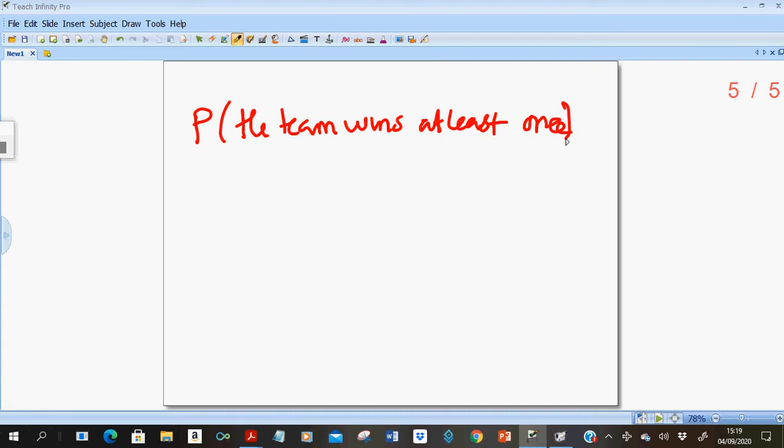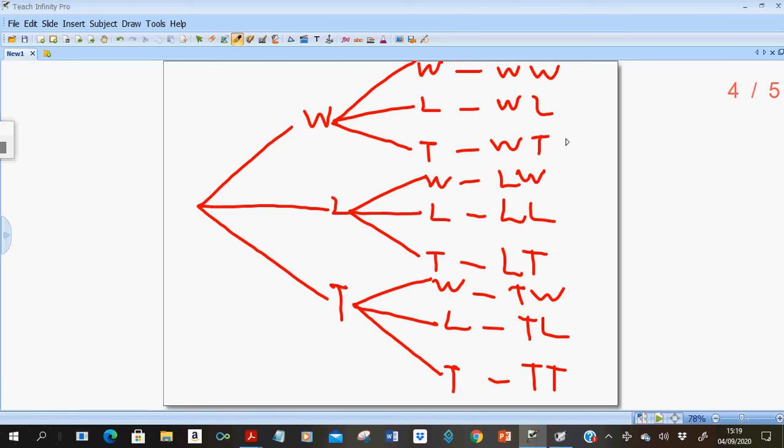What are these probabilities? At least means that it can be 1 or more. So wherever we find a win, we'll get that.